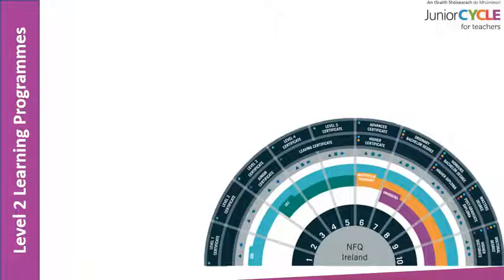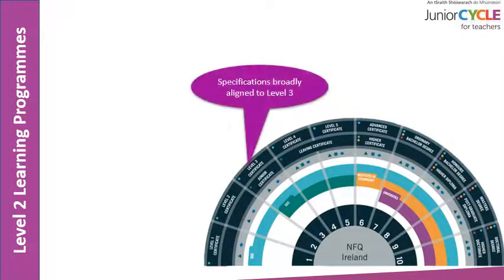We might pause at this point to reflect on what we mean by Level 2 learning programmes. Here we see an image of the National Framework of Qualifications. Junior Cycle Religious Education is at Level 3. L2LPs are available for certain categories of students with general learning difficulties or needs in the low mild to high moderate range of ability.